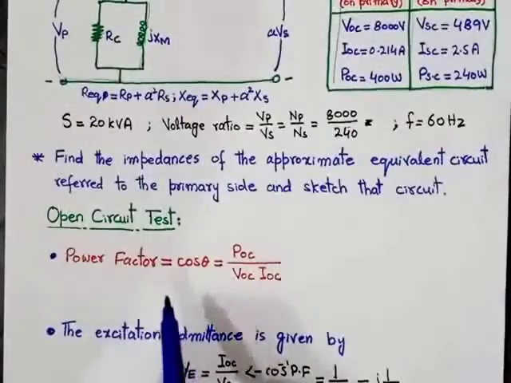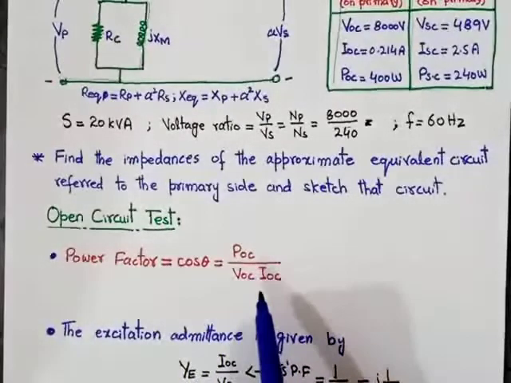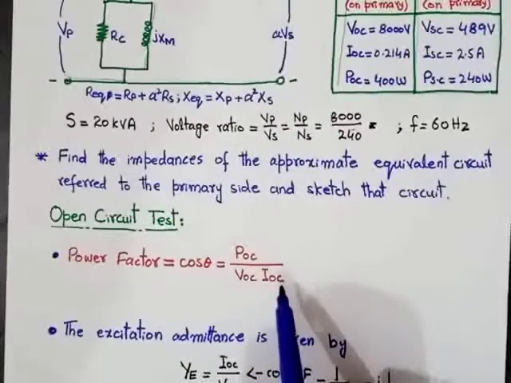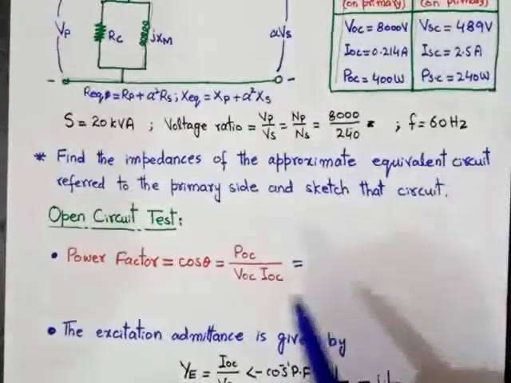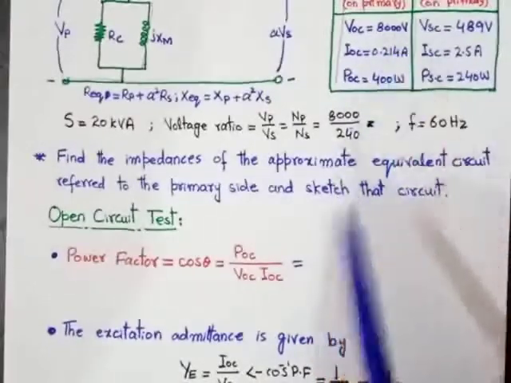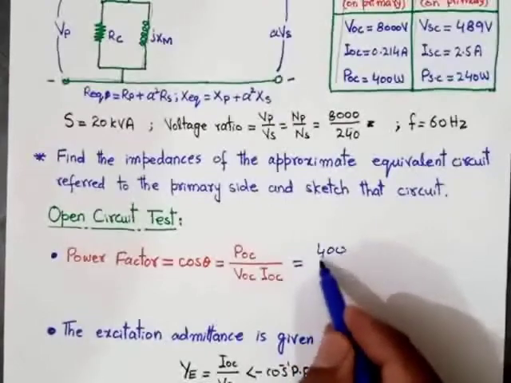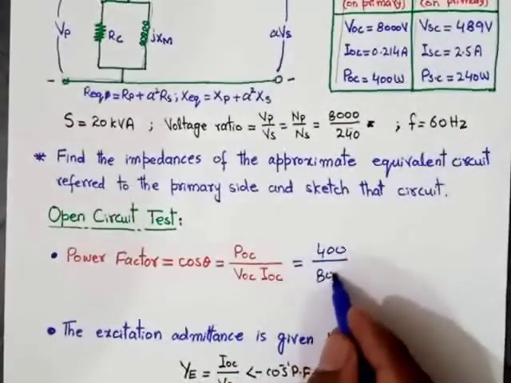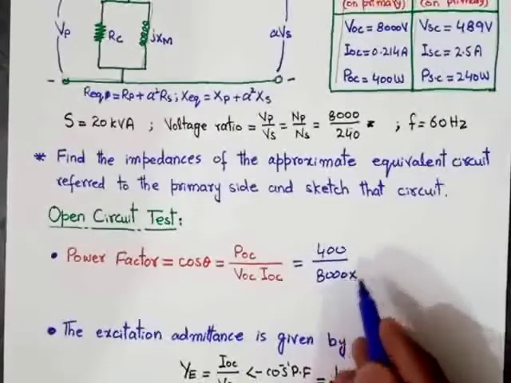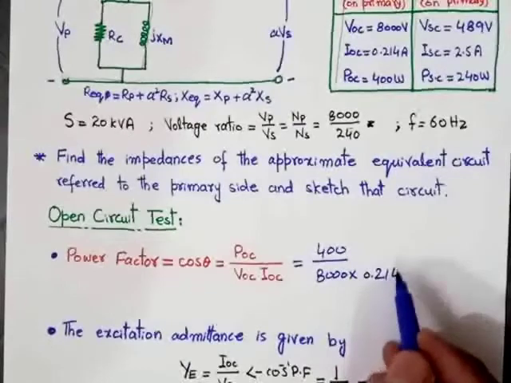As we have already discussed, power factor, that is cos theta, is equal to P open circuit over V open circuit times I open circuit. Putting the values of P, V and I in this equation, we get the value of P is 400, the value of V is 8000 and the value of I is 0.214.